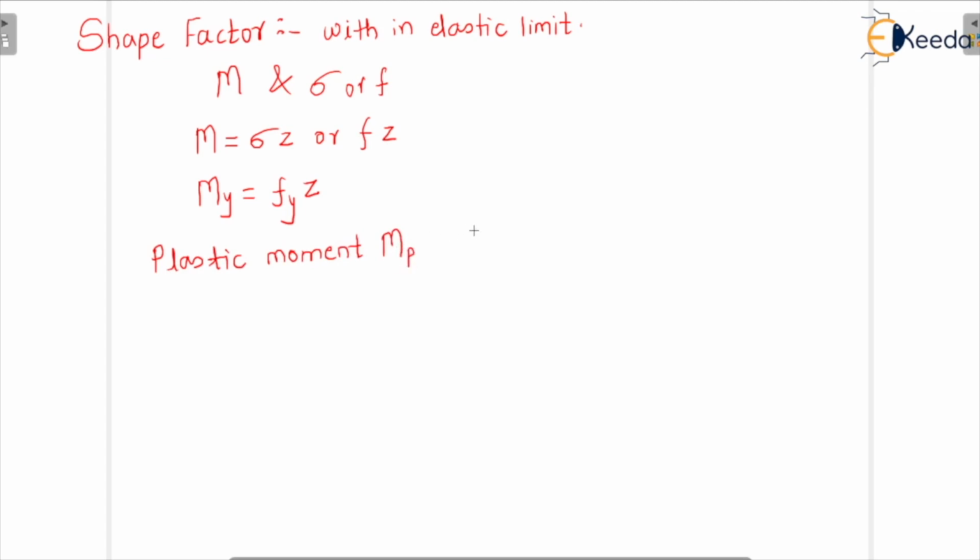We define the plastic modulus of section Zp as the ratio of plastic moment capacity to the yield stress. So we can write Mp equals Fy into Zp, or Zp equals Mp divided by Fy.